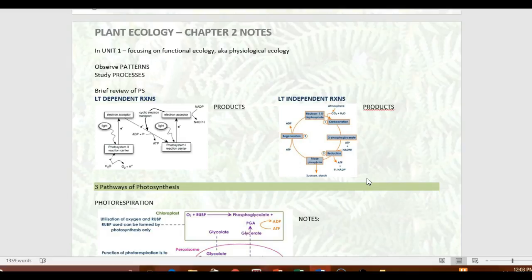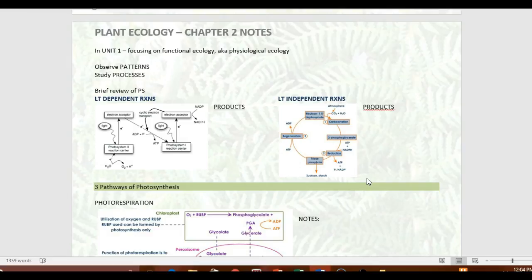Okay? So we've made ATP, we've made NADPH, and what else have we made? Oxygen. We did that by doing what? We split water. Or rather, the plant does. The plant splits water, known as photolysis.